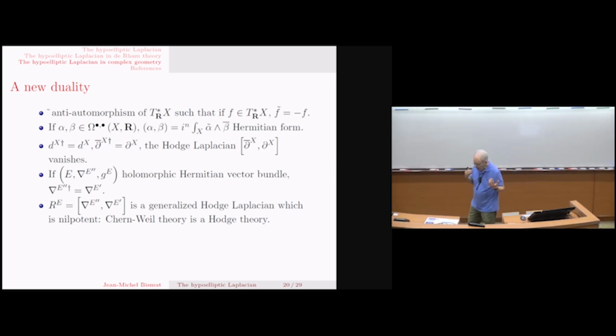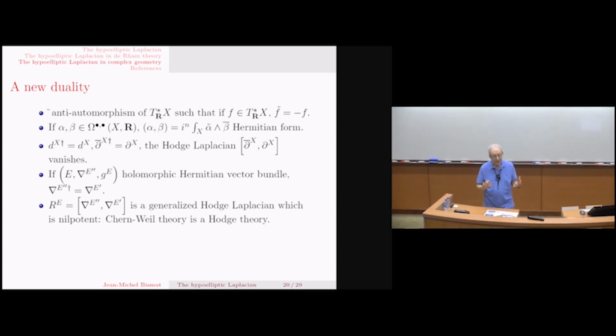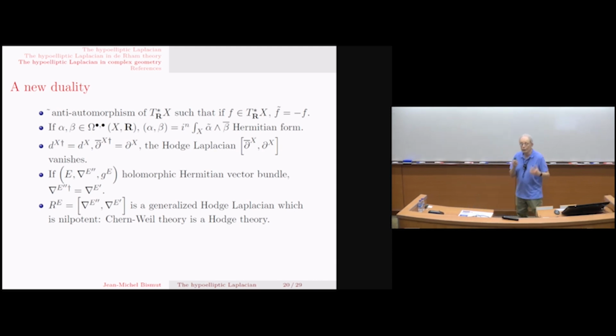So the question will be, can we interpolate between classical Hodge theory for the Dolbeault complex and Chern-Weil theory by viewing these two theories as Hodge theories? We know the original theory was a Hodge theory, but now we understand that Chern-Weil theory is also a Hodge theory. Can we interpolate between them in the proper sense?